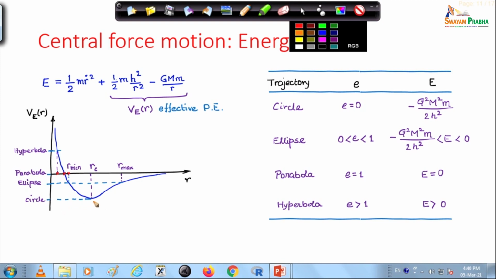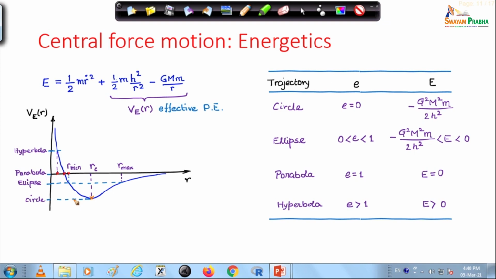When the path is circular, it has only this. So, this is the level of effective potential energy. What happens in a circular path? In a circular path, r dot is 0, there is no change in radial coordinate.